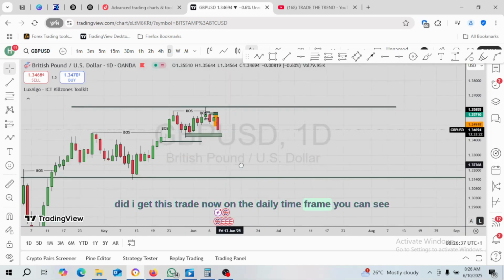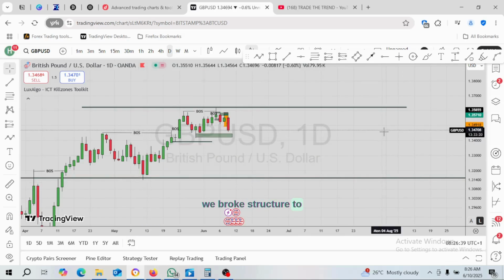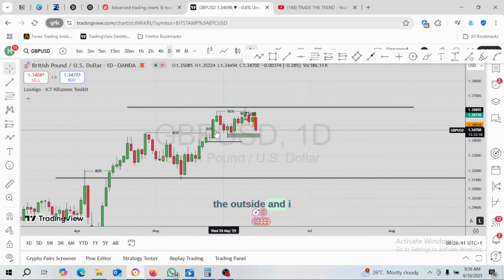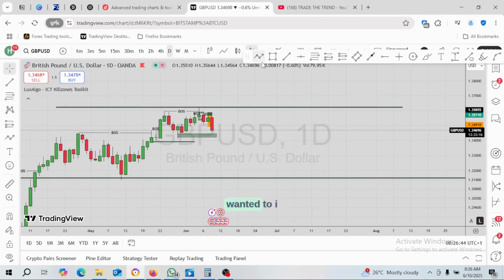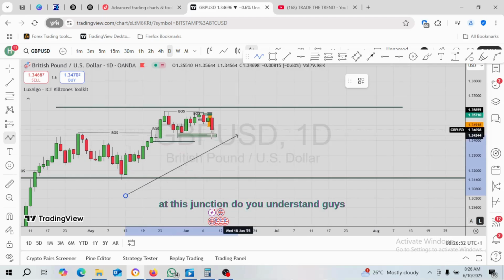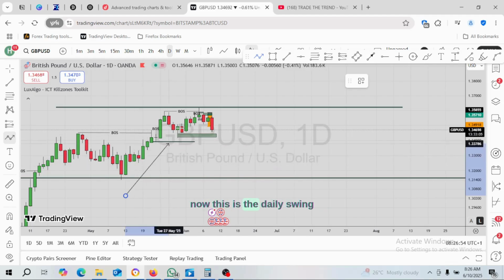Now on the daily time frame, you can see we broke structure to the upside, and I investigated what really happened at this junction. Do you understand, guys? Now this is the daily swing.